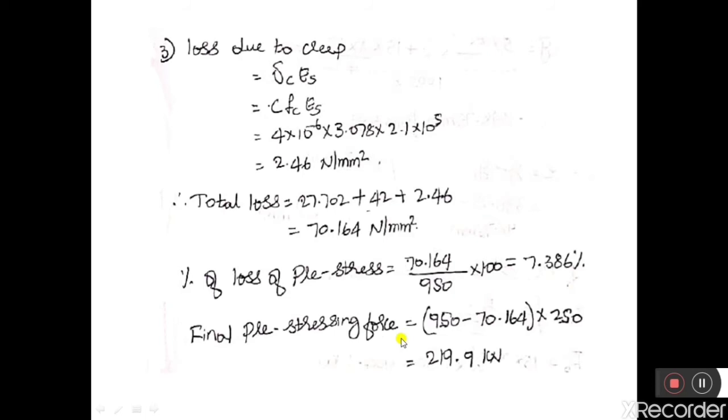So final pre-stressing force will be final stress available in the cable into cross section area of a cable. So final stress available in the cable is 950 minus 70, initial pre-stress minus losses of pre-stress. We will get final pre-stress into cross section area of the cable, which gives us final pre-stressing force of 219.9 kilonewton.